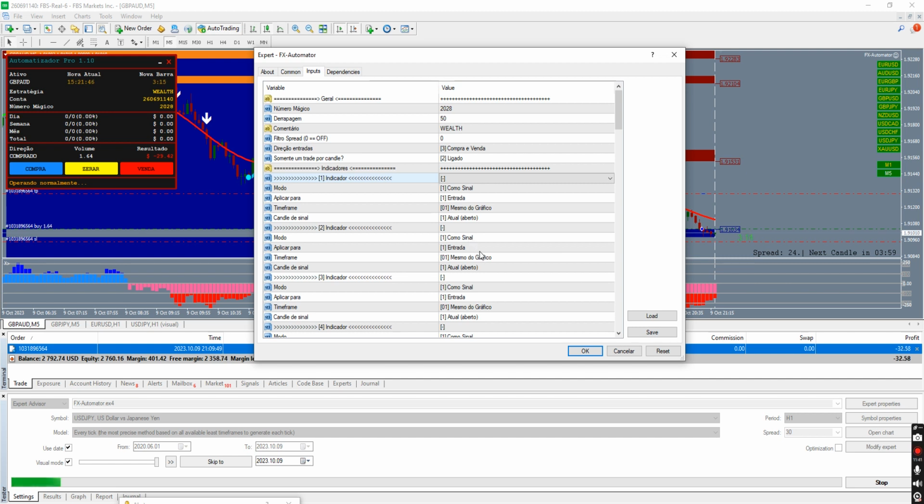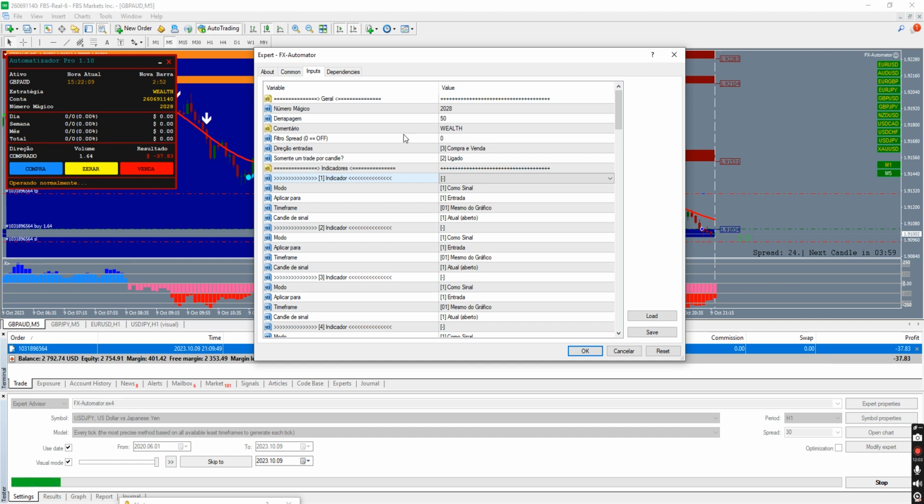Okay, this software is not free, and there are many software out there that can automate your indicator for Forex, but this one here is absolutely out of this world. It has a money management system that none others have.